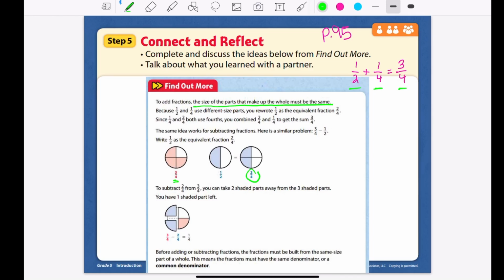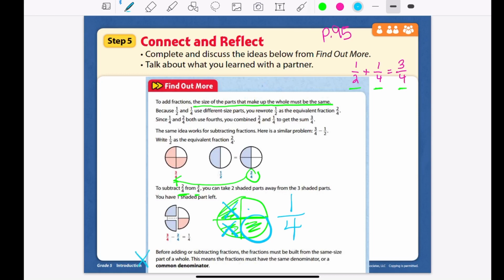So since we have to subtract the 2/4 from the 3/4, you can take away 2 shaded parts from the 3 shaded parts. So we're starting with 3 parts shaded, 1, 2, 3, and we want to take away 2 of those parts. So we're left with what? We're left with 1 out of 1, 2, 3, 4 parts. So we're left with 1/4.